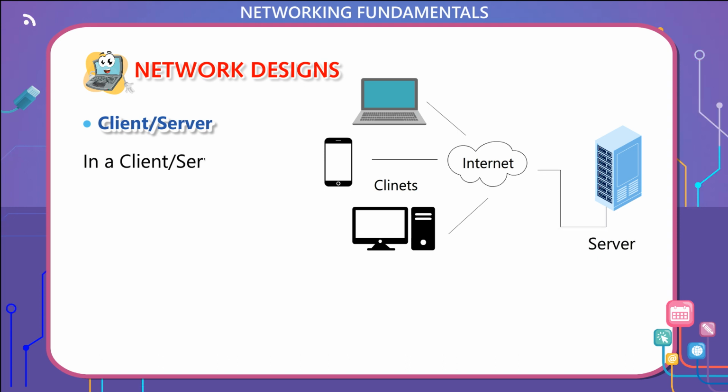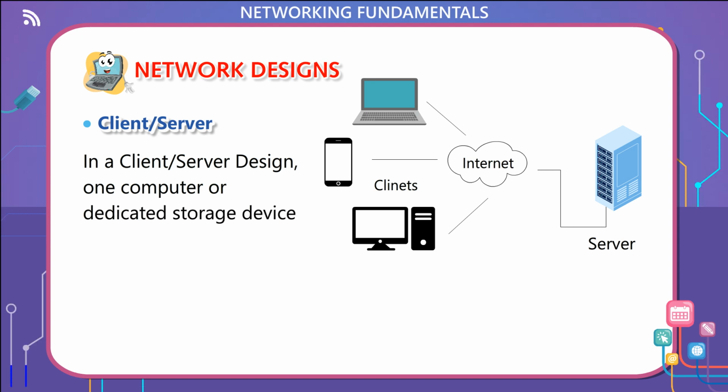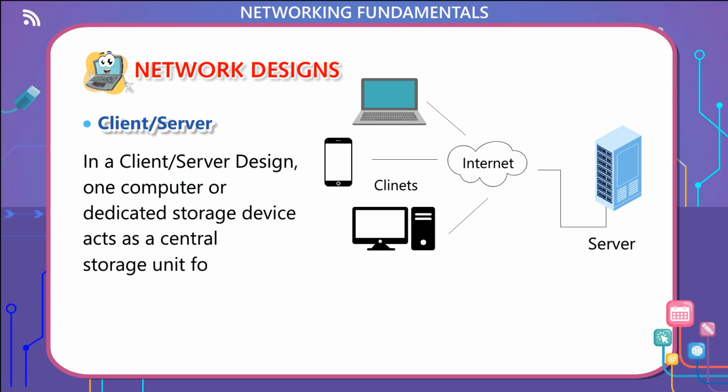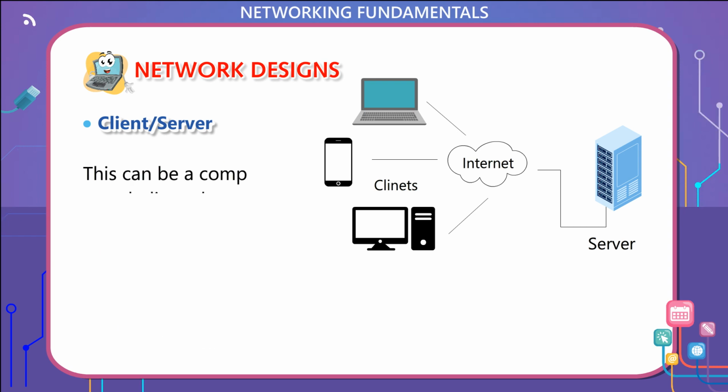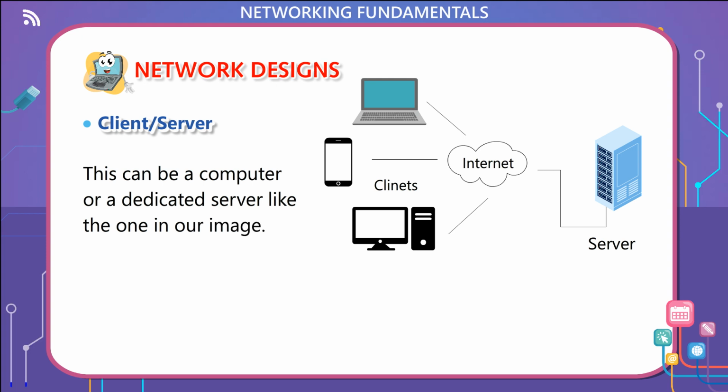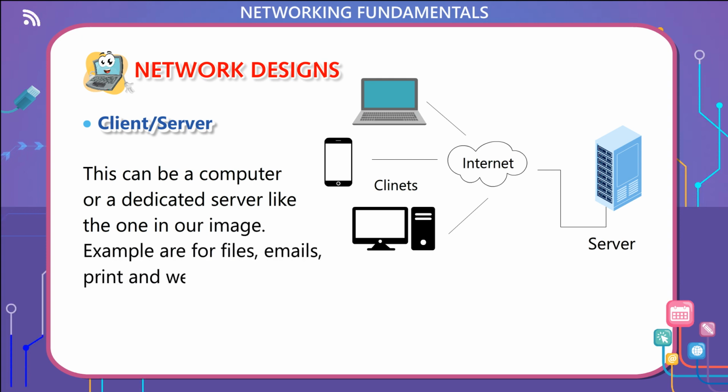Client/server. In a client/server design, one computer or dedicated storage device acts as a central storage unit for the network. A server is a computer node that is a central storage unit for the network. This can be a computer or a dedicated server like the one in our image. Examples are file, email, print and web servers.